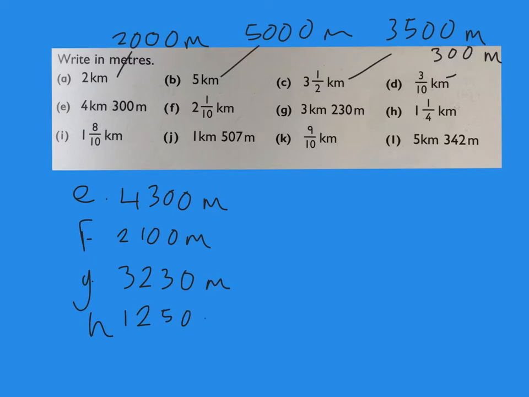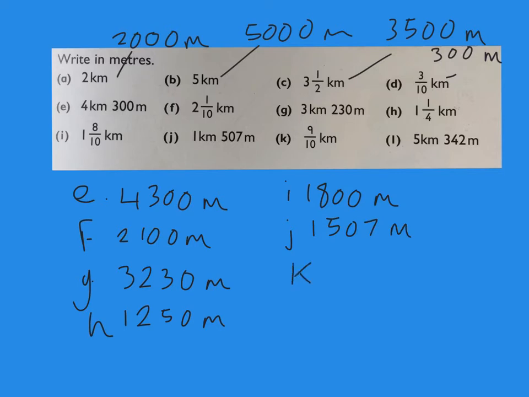1,250 meters. Okay, I is 1 and 8/10 of a kilometer, so 8/10 of a kilometer is 800, so it's 1,800 meters. J, 1 kilometer, so it's just 1,000 plus 507, 1,507 meters.